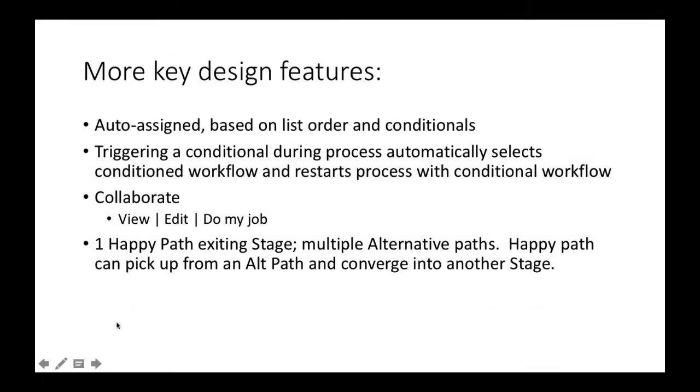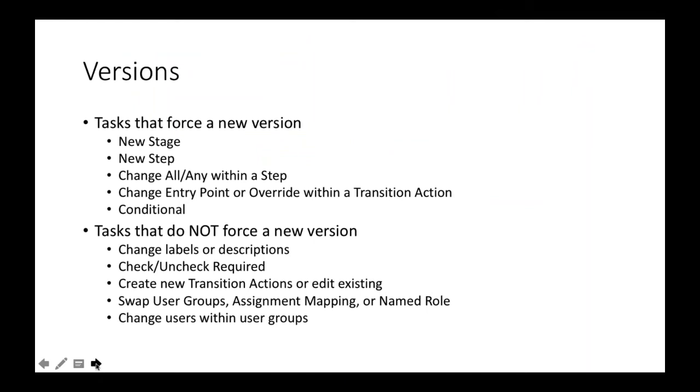And we talked about multiple happy paths. So let's say the scenario is you've got a workflow, you've had it for 1.5 years, and now you want to change it. And you've got maybe 10 specifications that are currently in flight in your current workflow.